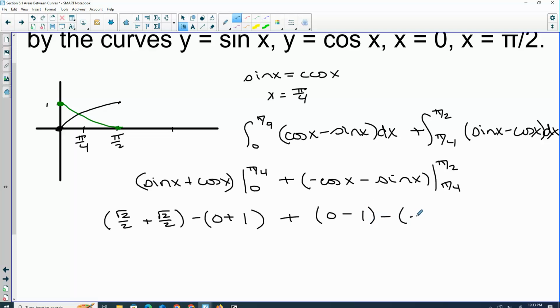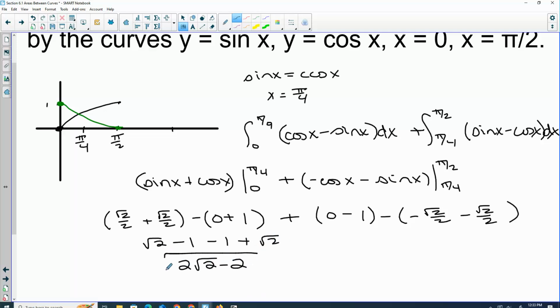And then radical 2 over 2 minus radical 2 over 2. So when I add these, I just get the square root of 2 minus 1 minus 1 minus a negative, so plus the square root of 2. So 2 radical 2 minus 2.